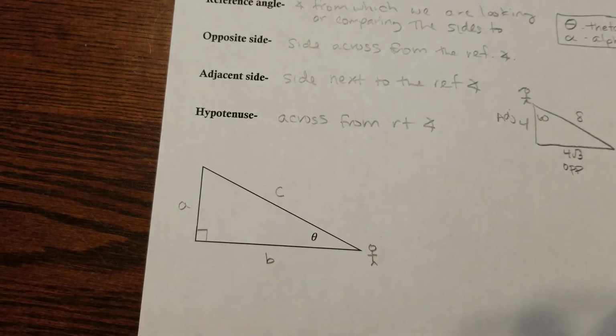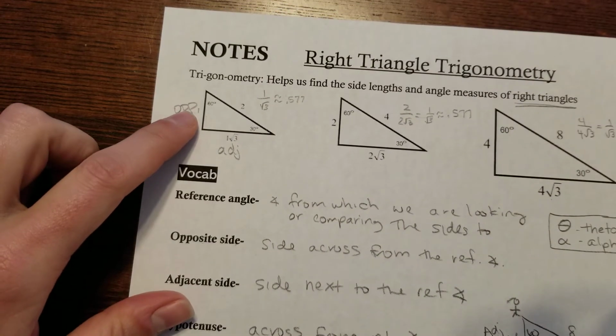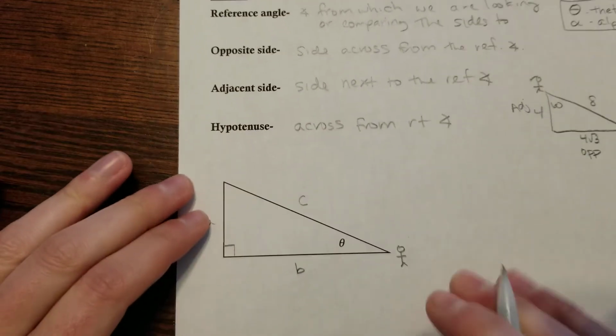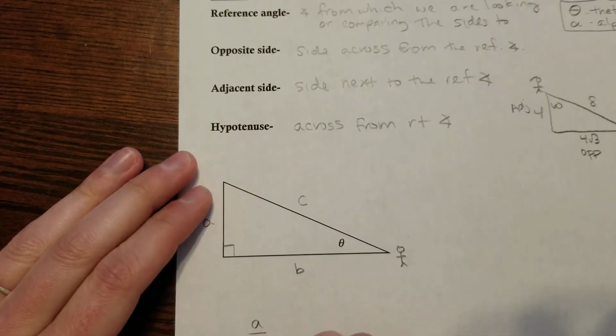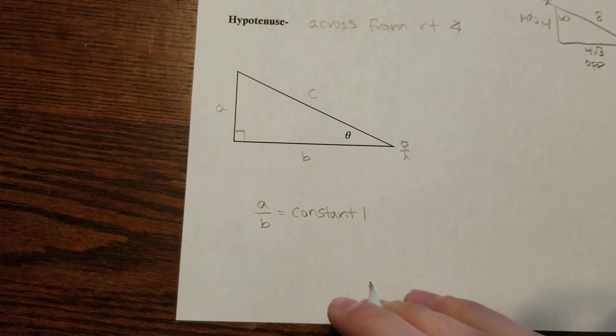Now, we can compare any of these sets of sides. In the top up here, we were comparing the 1 and the 1√3 side. We've already compared A and B, and we noticed that no matter what, that gave us the same constant. I'm going to call that constant number 1. Now, we can compare other sides as well.